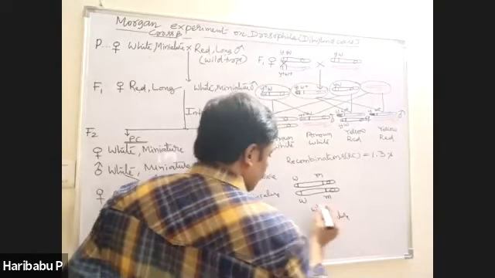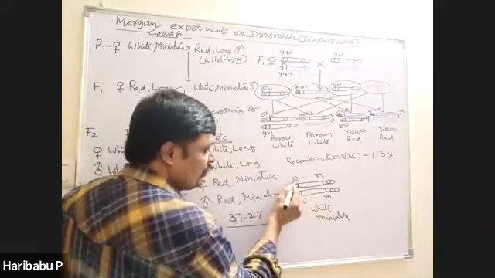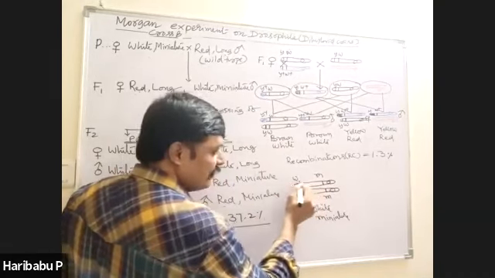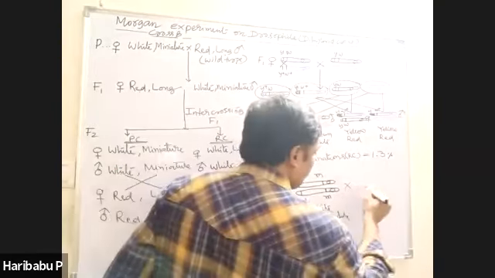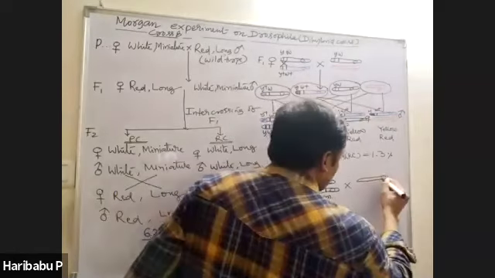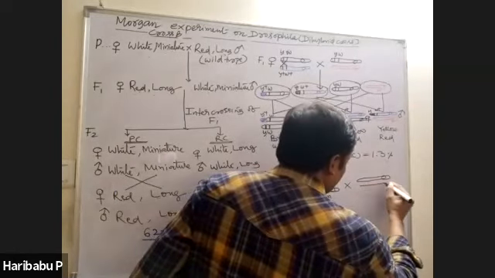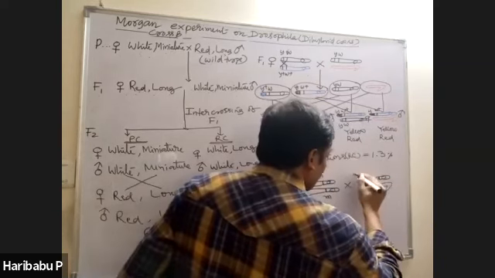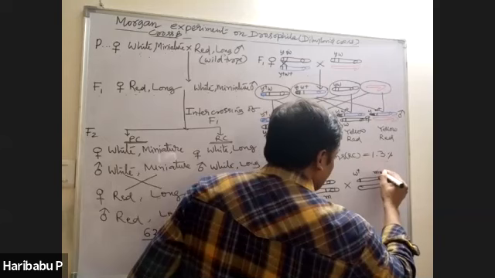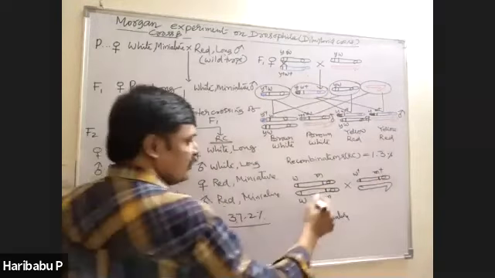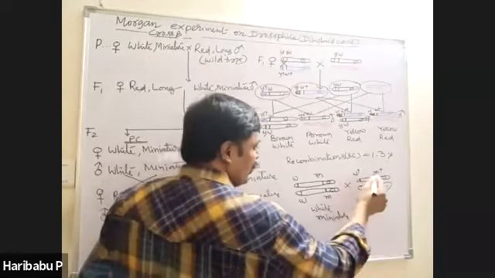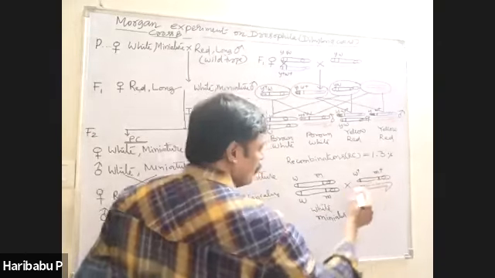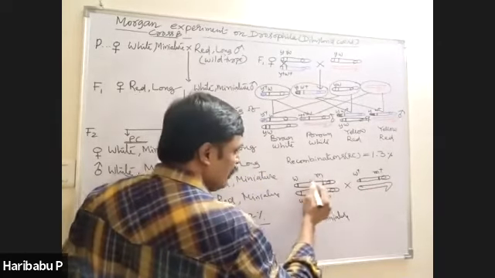See this? The distance between the W gene and the M gene is high. Similarly, this is the X chromosome and this is the Y chromosome. Here, W plus and M plus. See this? The distance between the W plus gene and the M plus gene is also more.